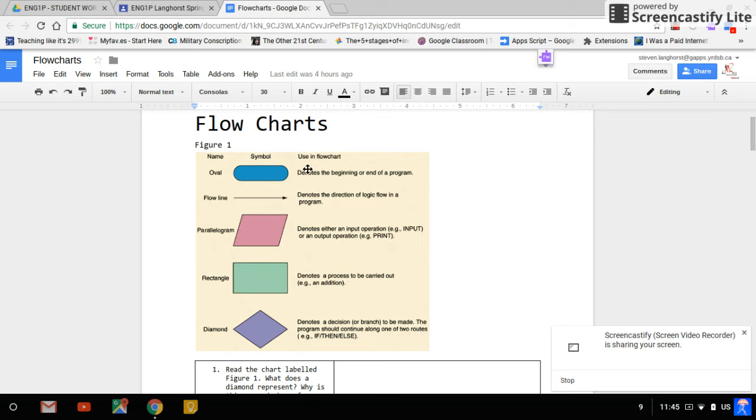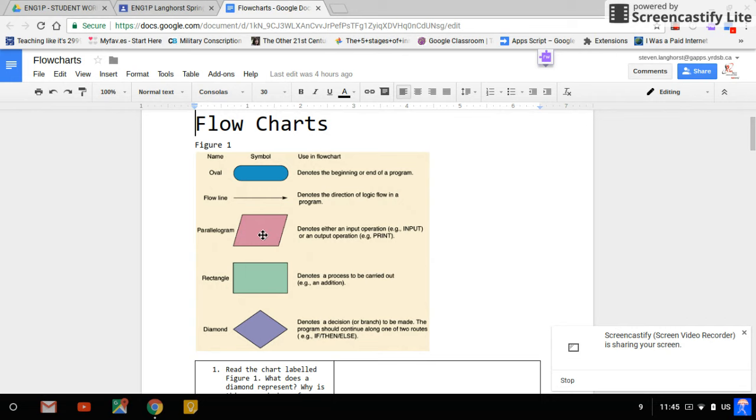So this oval represents a starting point. You use flow lines to go from a starting point to other things. This shape, the parallelogram, shows when something's coming in or something is going out, especially in terms of keyboard entry or an answer to a question, or on the outside, like a printout or a TV screen.